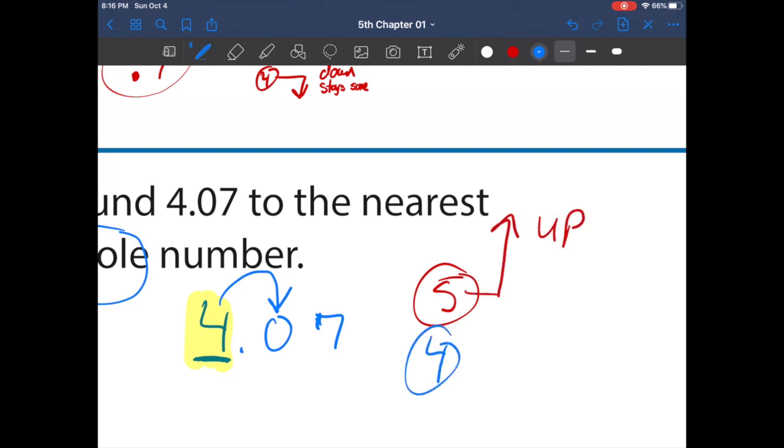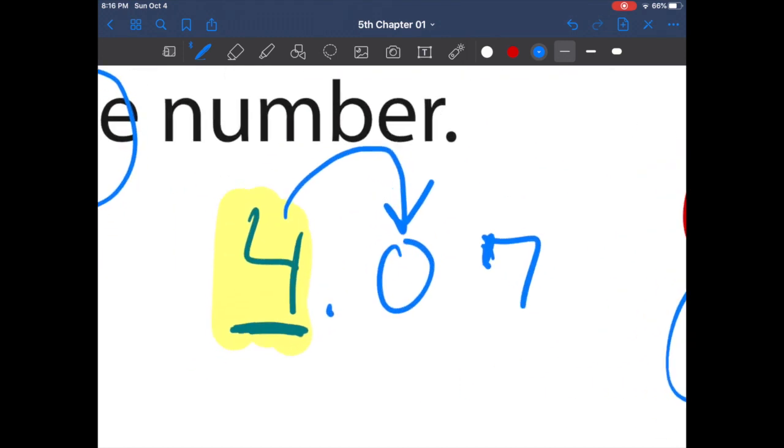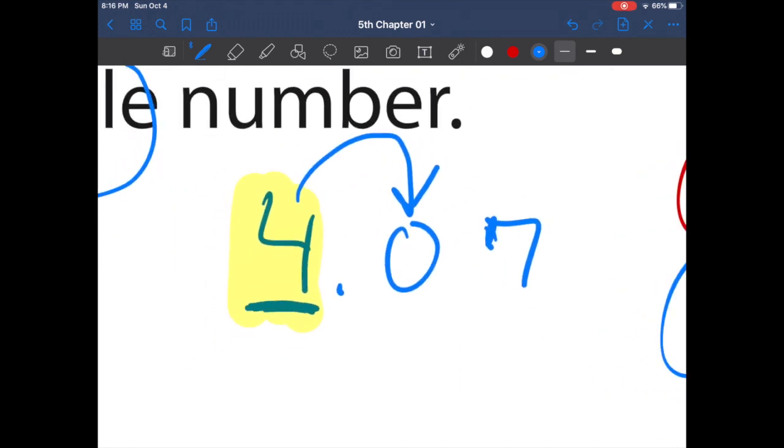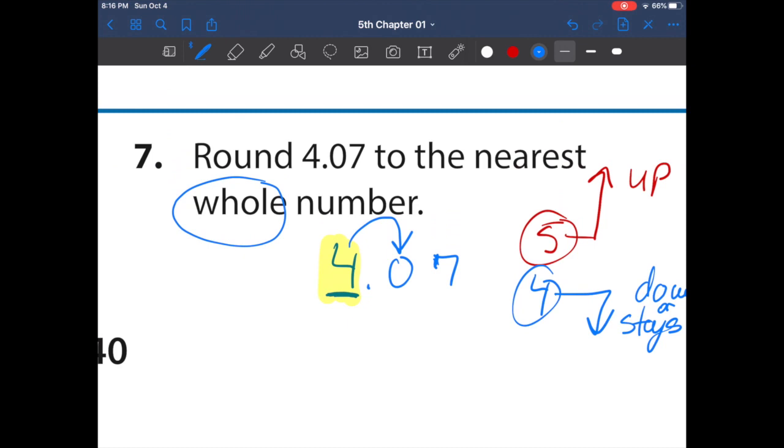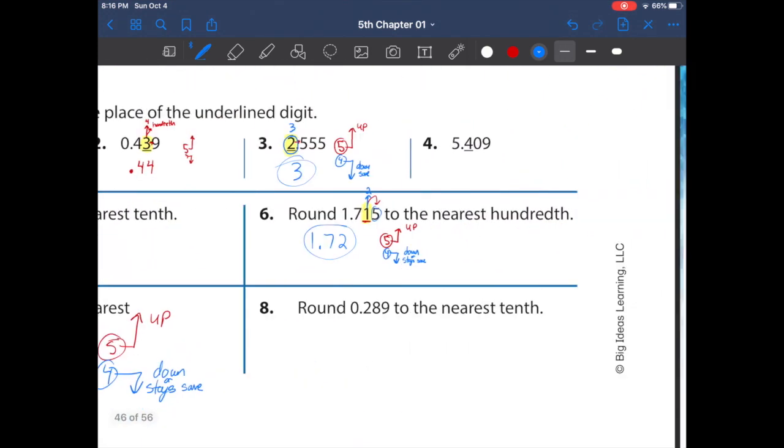Or if it was 4 or lower, it goes what? Down, or stays the same. All right, so is 0 bigger than 5? No. So that means it's going to go down or stay the same. So what is 4.07 rounded to the nearest whole number? Well, that is just 4. It can be 4.0 or it can just be 4. Okay? Let's try another one.